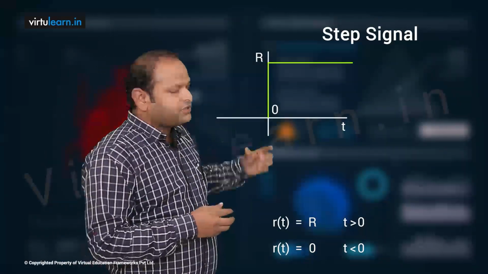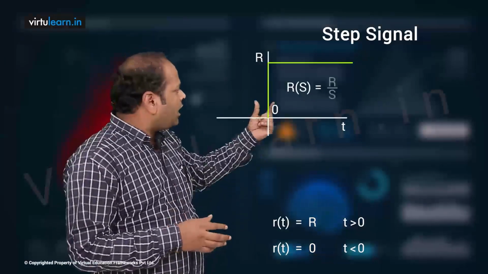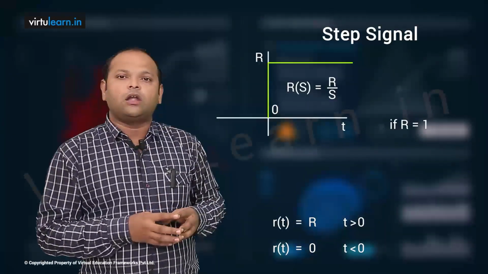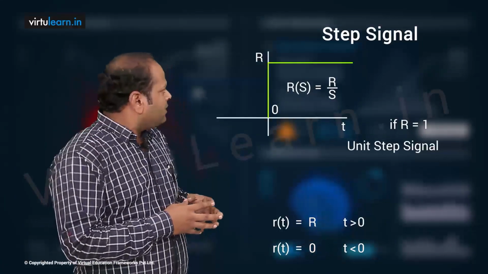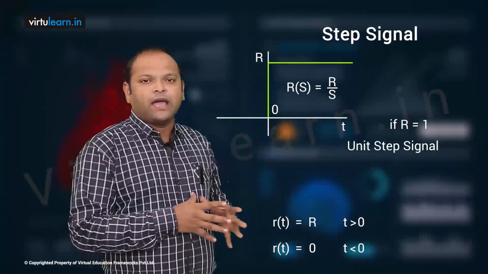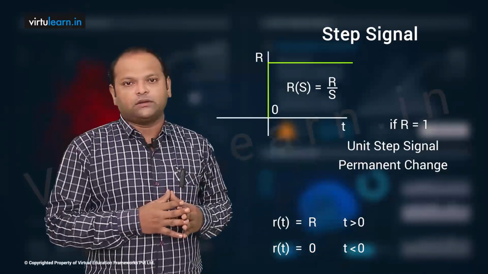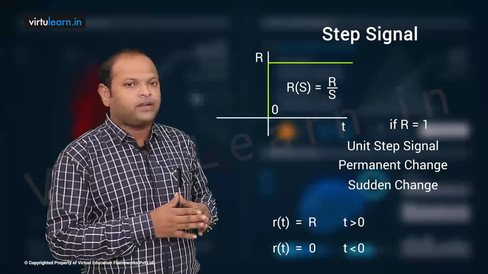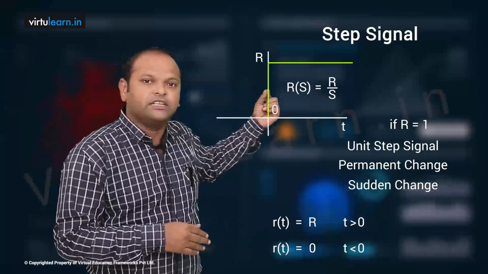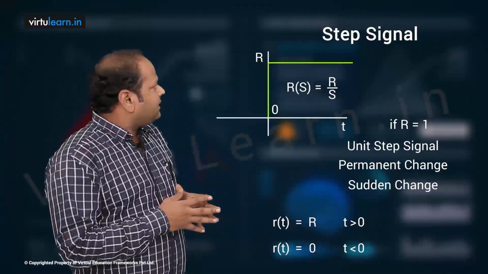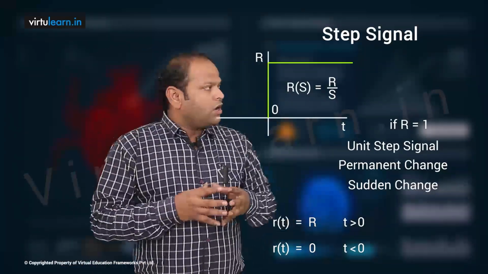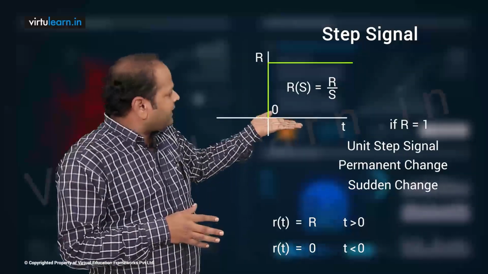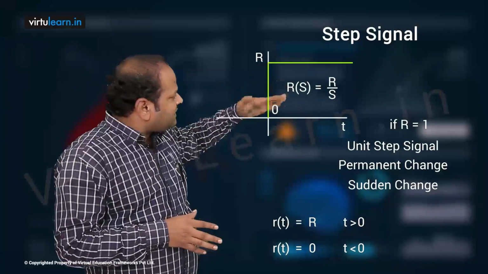Now, what is the Laplace equivalent of the step signal? It is R of s equal to R by s. If R is equal to 1, then it is called a unit step signal. We can also call the step a permanent change or sudden change, because the change occurs and it is going to be permanent. Another thing about the step: we initially take this as 0 and increase the level to R, but this initial point need not be 0.